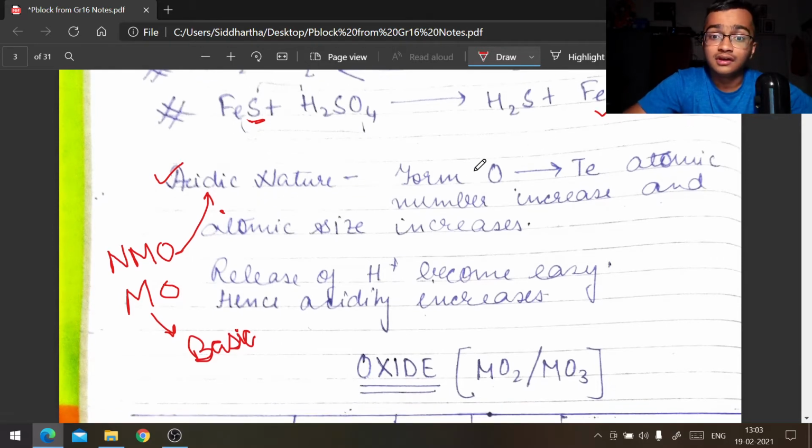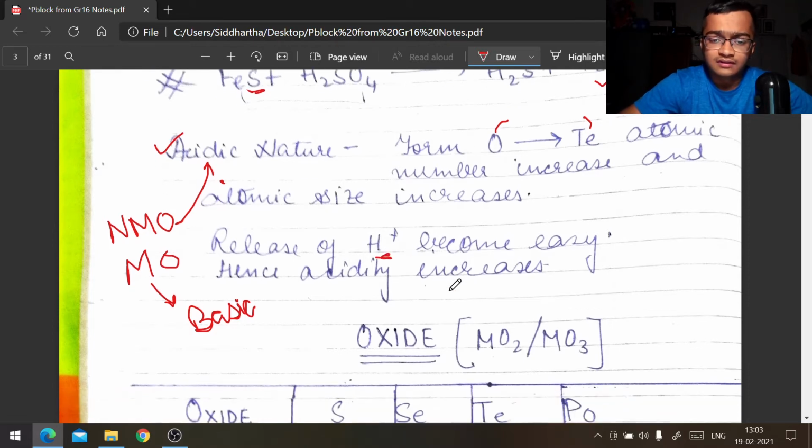Okay, now here we know oxygen is a non-metal, right, and tellurium is a metal. So from oxygen to tellurium, the atomic number increases, the atomic size increases, the release of H+ becomes easy, because as the atomic size increases, the effective nuclear charge will gradually decrease. Now why are they considering H+? Because acid has the ability to release H+ in aqueous solution.